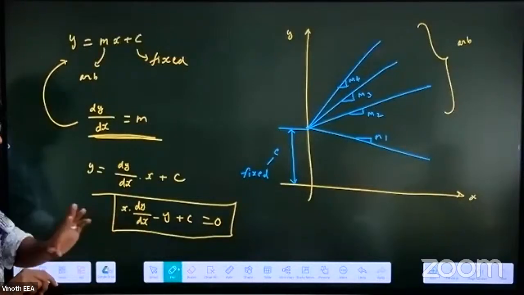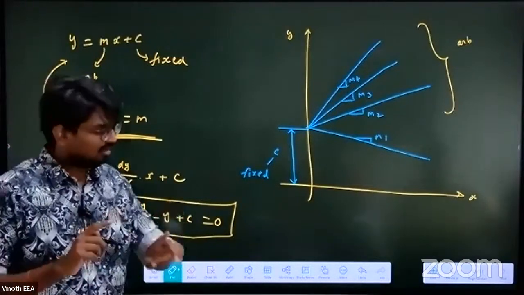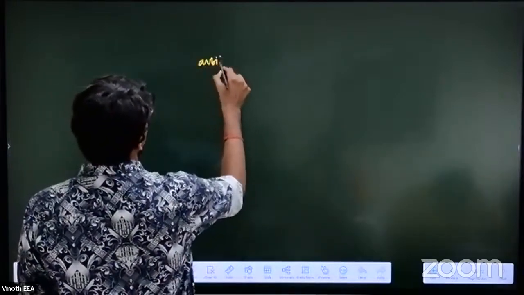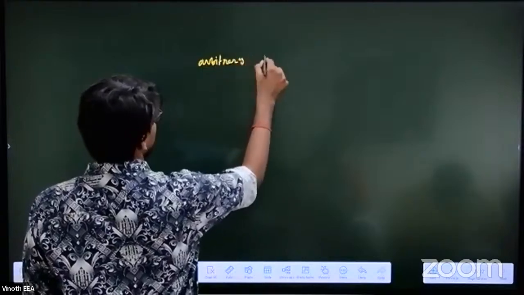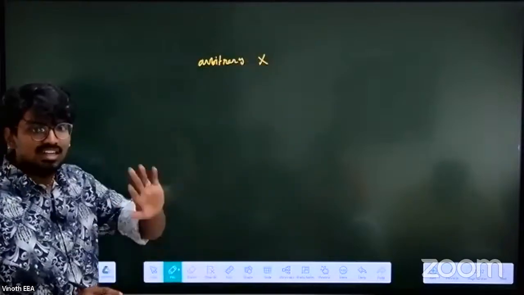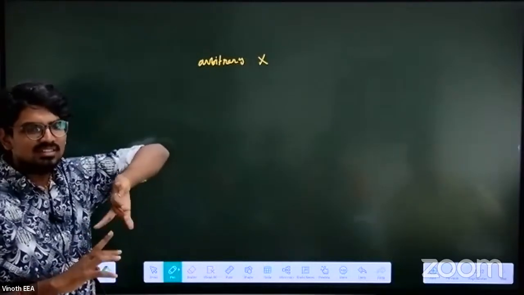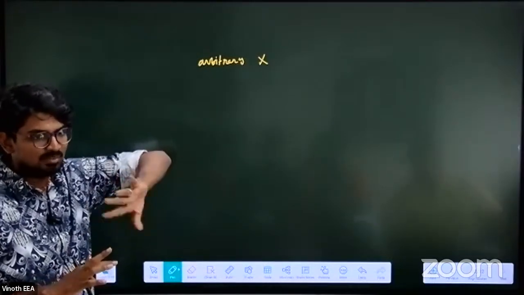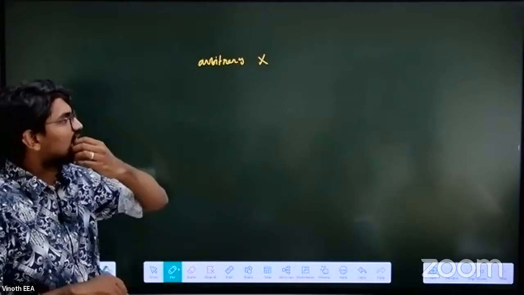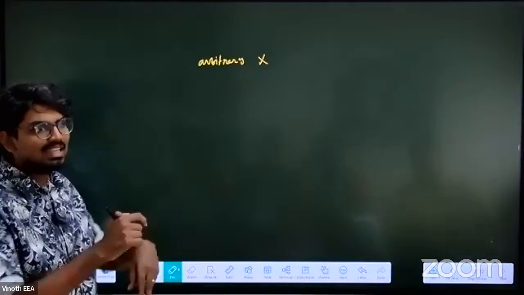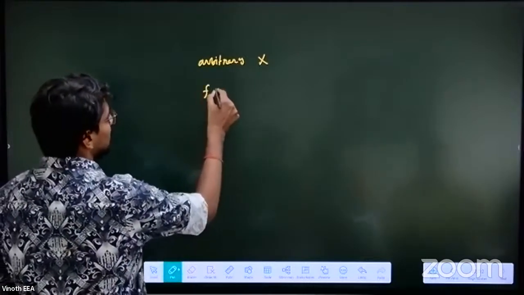See, the procedure is the same. The procedure is the same in the sense that you are going to eliminate arbitrary constants, by differentiating. But the differentiation will happen partially. Partial differentiation. Next, not only arbitrary constants, in my PDE they may also give some function. That is what I said.